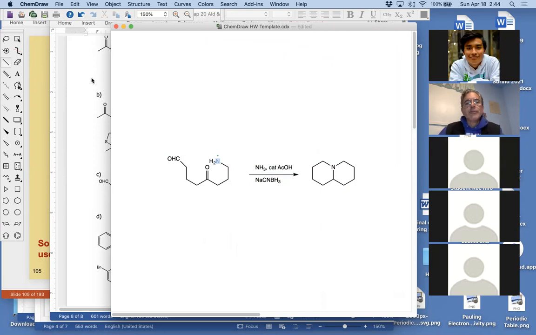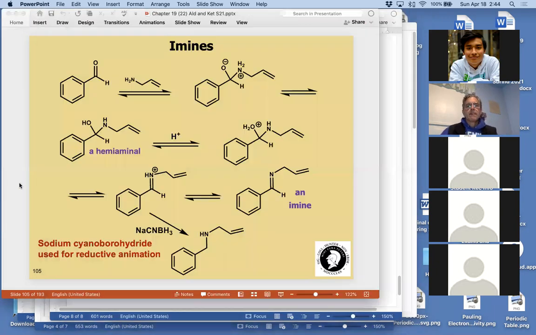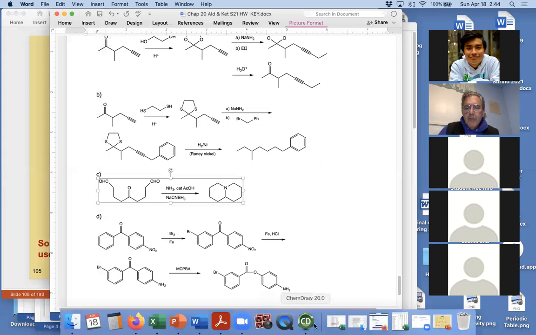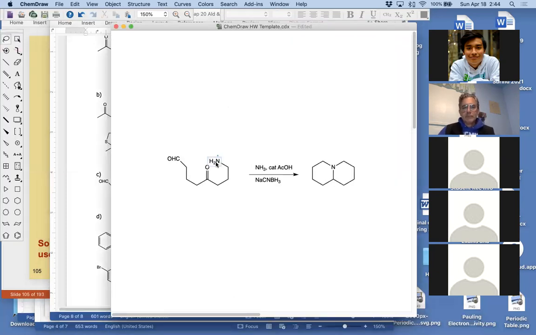So that's the first intermediate, right? And this nitrogen can make a 1, 2, 3, 4, hold it. Did I take off a carbon in doing that? Yeah, I did. ChemDraw. Don't do that on your exam, guys. Don't lose carbons. Whoops.